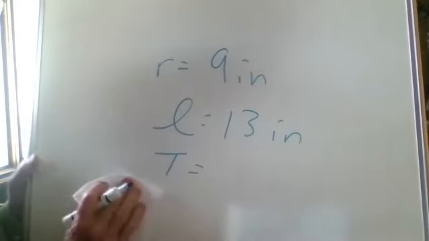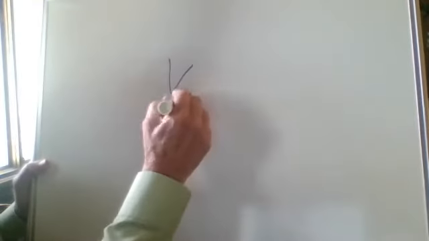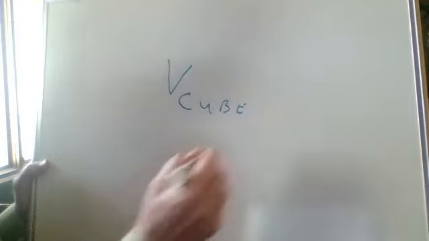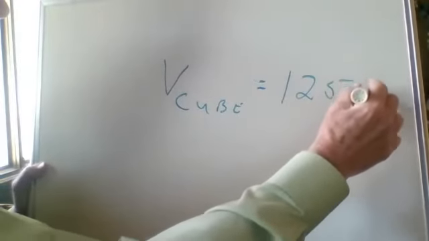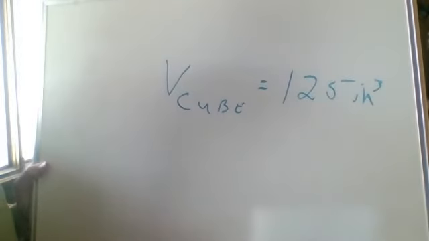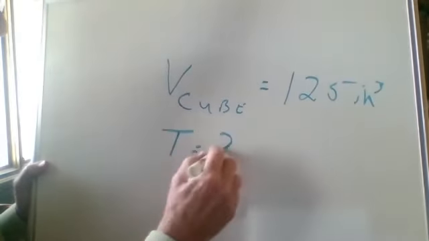Again, I'm not worried about time because you can pause and go back and look at what you need to write down. All right, next question: I'll give you the volume of a cube. The volume of the cube is 125 inches cubed, and you want to find the total surface area to the nearest tenth.